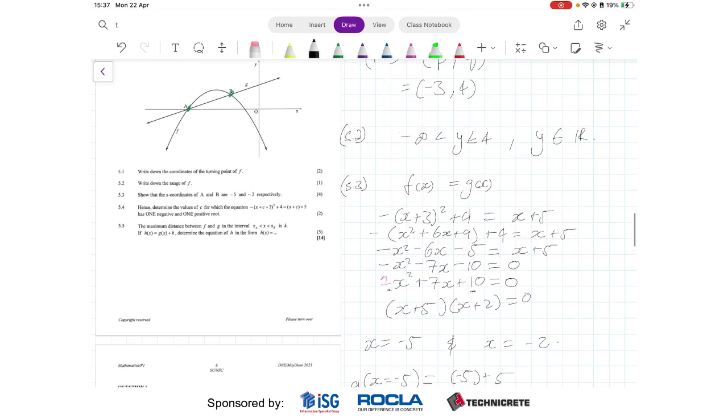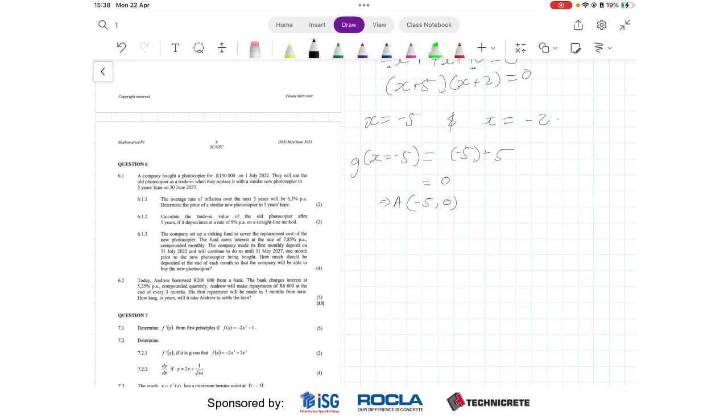Let us confirm that on our graph. Indeed, the point A is a point at which our graph of f crosses the x-axis, and it's also a point at which our graph of g crosses the x-axis.